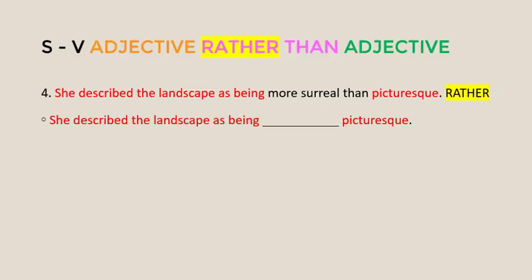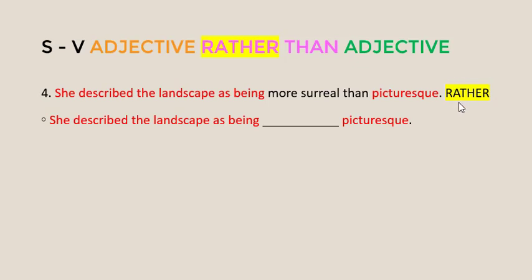Okay, this is number 4. Look at the question. She described the landscape as being more surreal than picturesque. For number 4, you have to change the sentence into another sentence using the word rather.